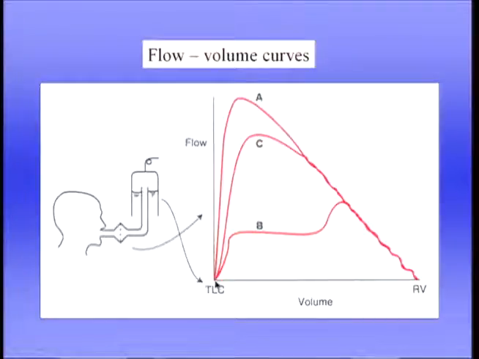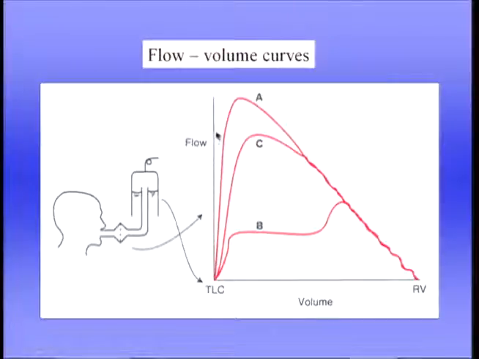And then we ask him to exhale all the way to residual volume, till he can't get any more air out of his lung. Initially we ask him to do that with the most effort that he can: breathe out as hard and as fast as he can from total lung capacity to residual volume.